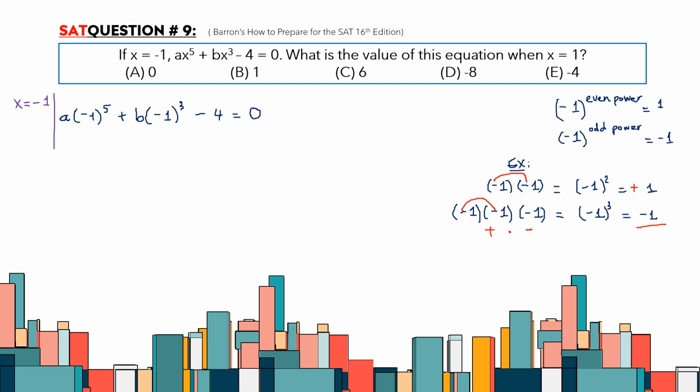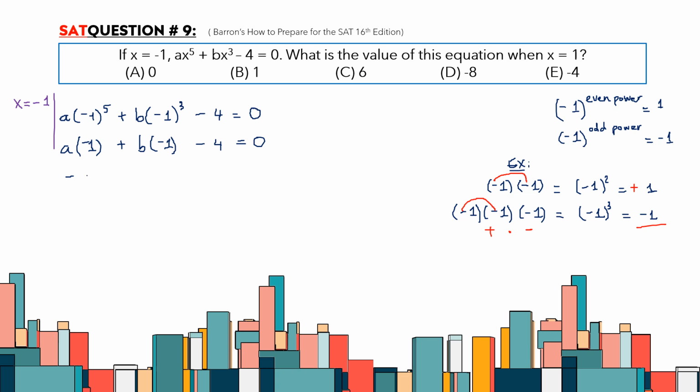Okay, so -1 to the power of 5 is -1 because that's an odd number. 5 is an odd number. And then we have b multiplied by -1 as well because 3 is an odd number. -4 equals 0. Now, any number multiplied by -1 will be the negative of that number.